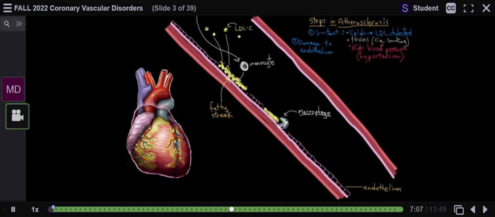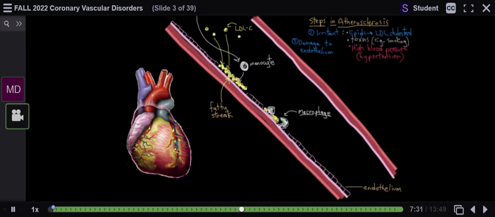Its job here is to devour that LDL cholesterol that's collected in the endothelium. Unfortunately, things don't go as planned for our macrophage, because it starts to gorge itself. The macrophage eats so much cholesterol that it becomes too full of these yellow cholesterol drops, and it dies off.